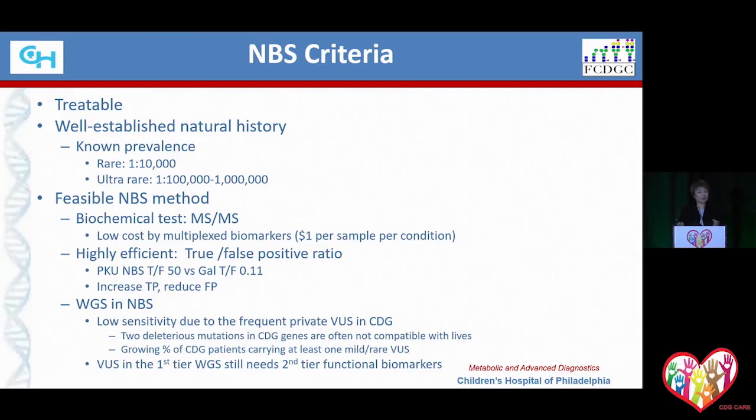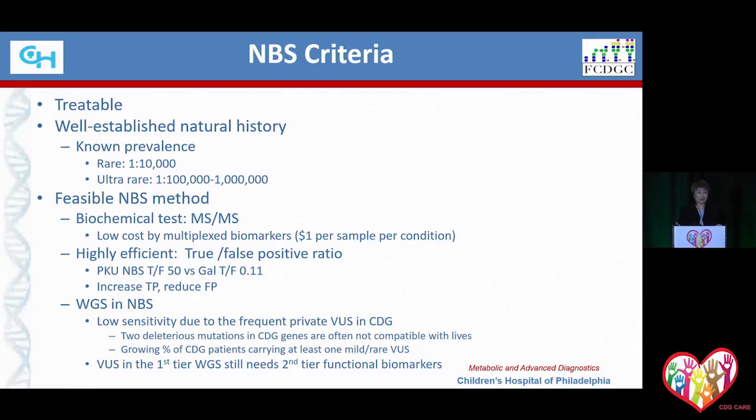So in order to make the galactosemia screening more efficient, we want to increase the positive cases. That works for us because we want to screen for more treatable CDGs, and we also want to use functional biomarkers so we can reduce the false positives. So that really opened a window for me to put in a proposal that we can help you and we can make this newborn screening better.